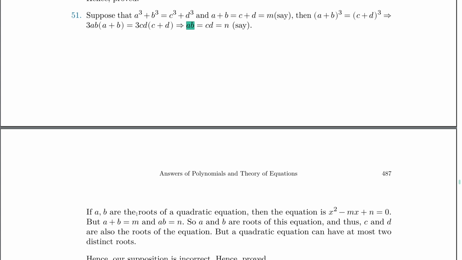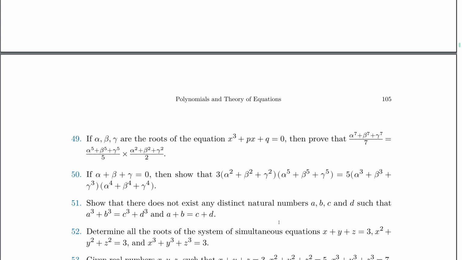So a and b would be the roots of the quadratic equation x square minus mx plus n is equal to 0. So this means a, b are the roots of this equation as well as c and d are also the roots of this equation. That quadratic equation can have at most two distinct roots, but we are having four roots. So the given condition is simply not possible.